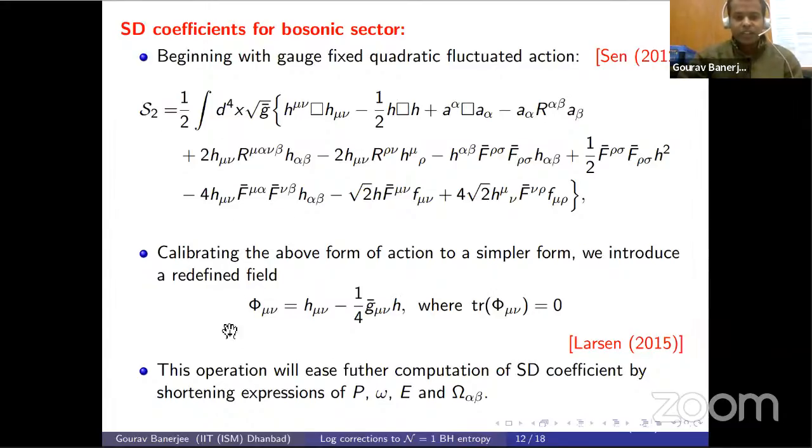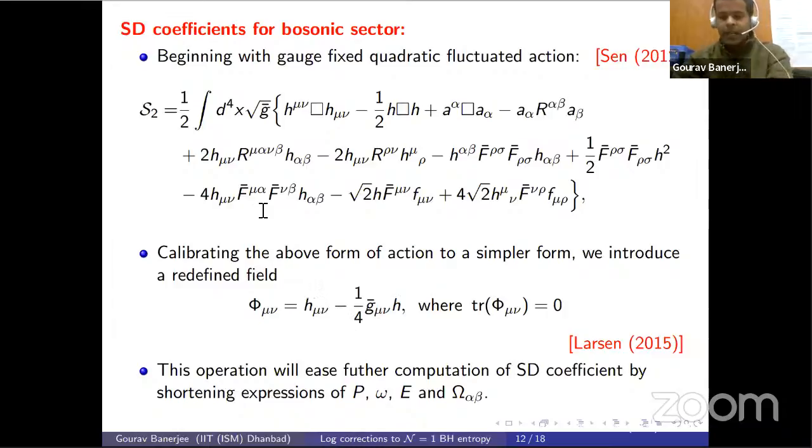Now we impose this field redefinition on this quadratic fluctuated action. This operation will ease the further computation of Seeley-DeWitt coefficients by shortening the expression of P omega and all the intermediate expressions. This field redefinition approach of the heat kernel is done in the work of Larsen, and we are motivated by their field redefinition approach, and we also impose this field redefinition on our theory as well.